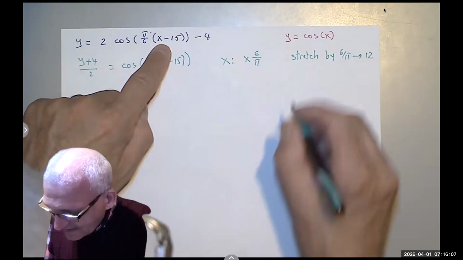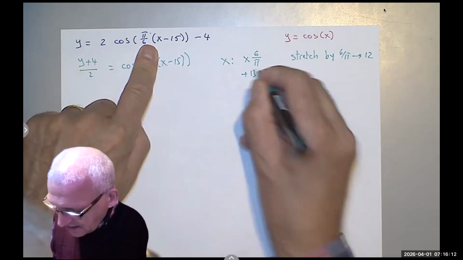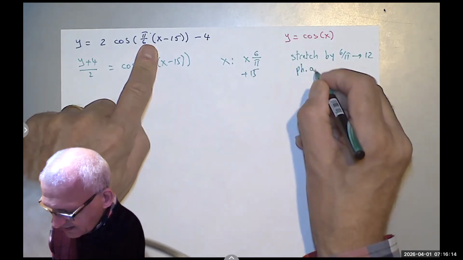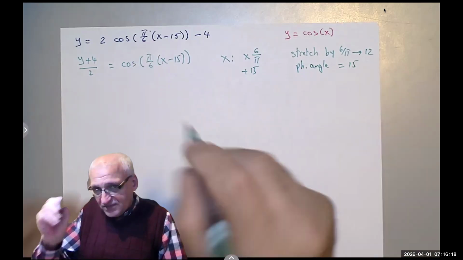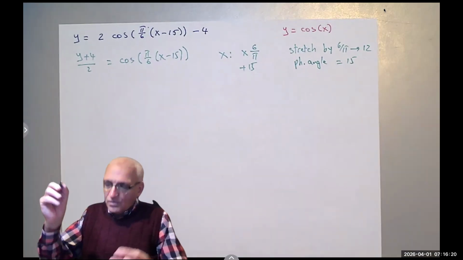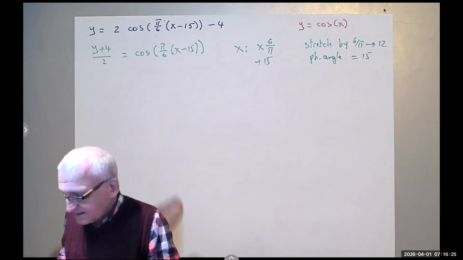Then I'm going to add 15, so the phase angle would be 15. So I start from 15. 15 would be at the maximum, and then it moves. And that's it.